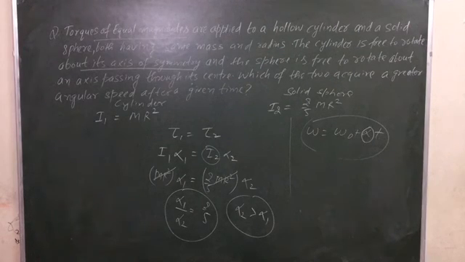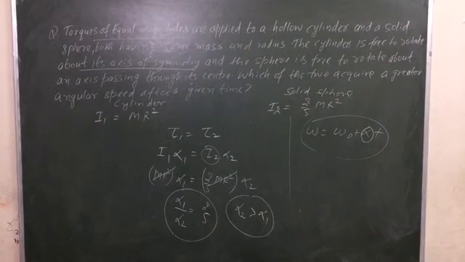From this, alpha 1 divided by alpha 2 is 2 by 5, so alpha 2 is greater than alpha 1. Angular speed omega is equal to omega naught plus alpha t, so omega depends directly upon alpha. Therefore, the angular speed of the solid sphere is greater than that of the hollow cylinder.